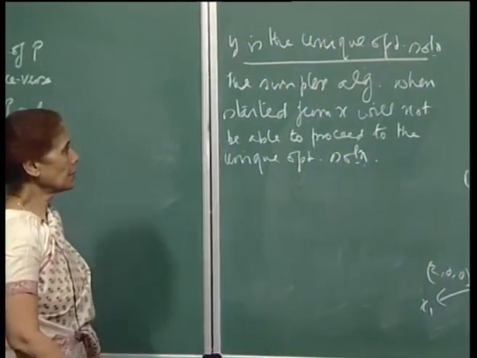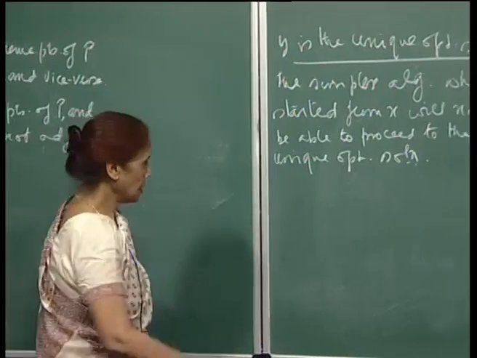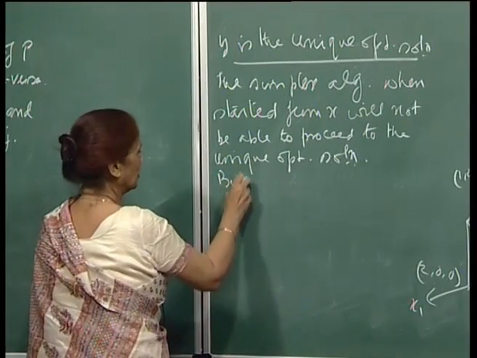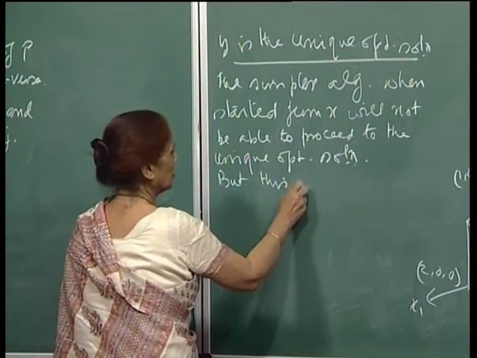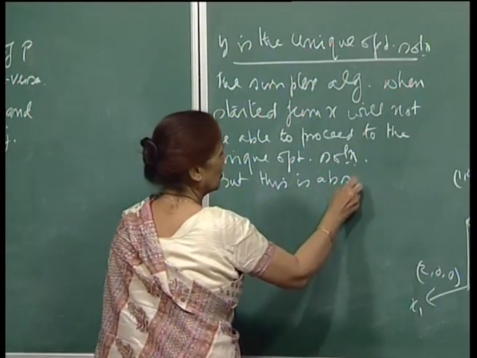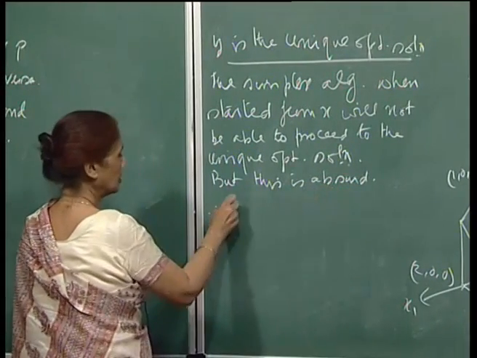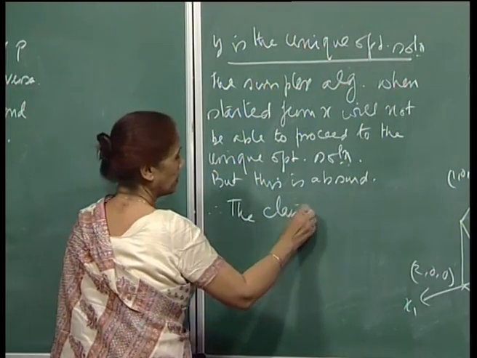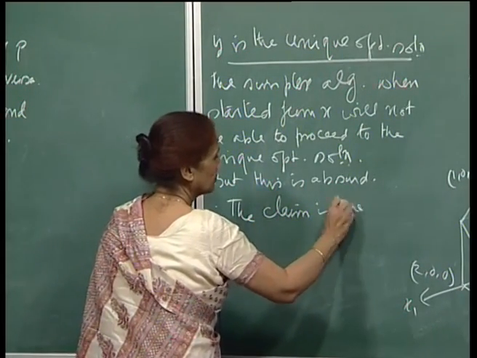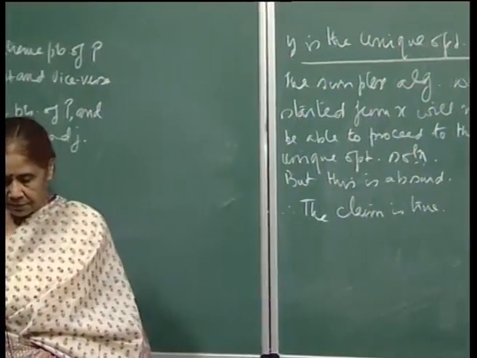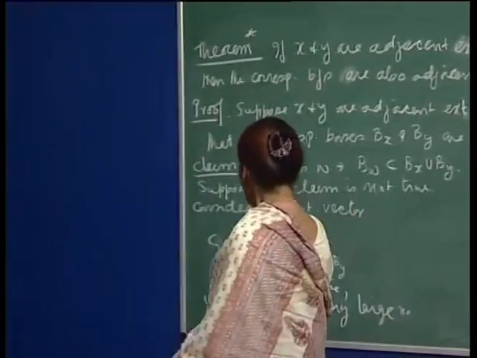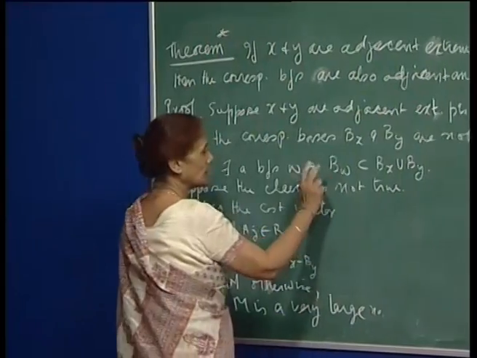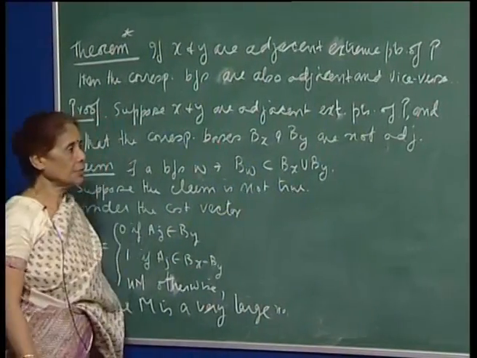This is absurd. Therefore, the claim is true. So, there is a basic feasible solution W consisting of columns from among Bx union By.